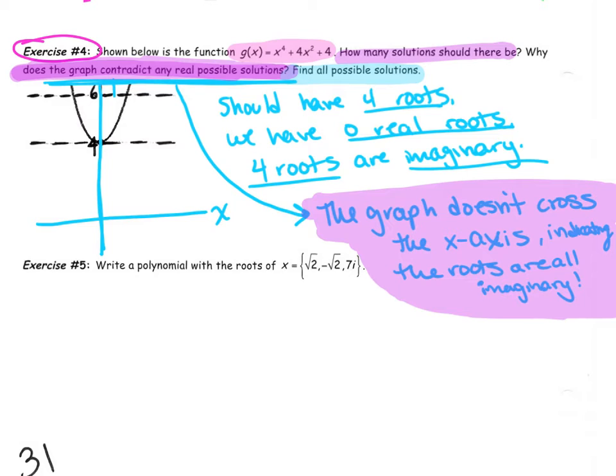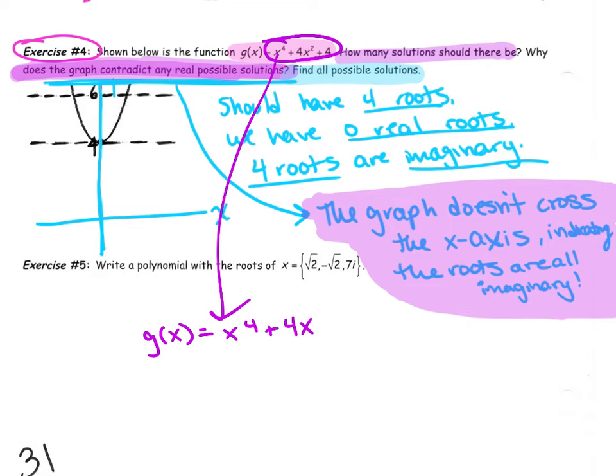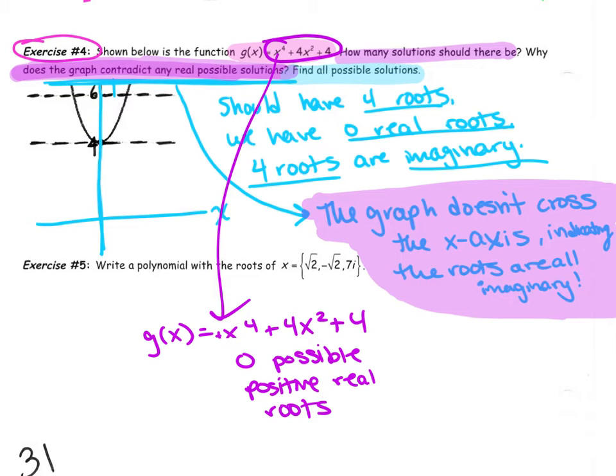Let's check with Descartes' rule of signs to verify that there really should be no real roots. I'm going to write that down here, again because I'm running out of space. So I have x to the 4th plus 4x squared plus 4. I can easily see there are no sign changes, none. So that tells us there are 0 possible positive real roots.